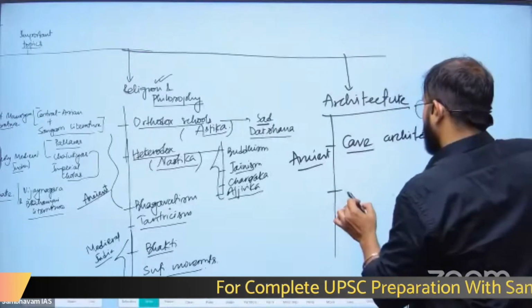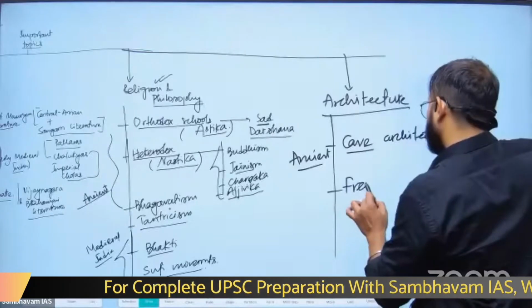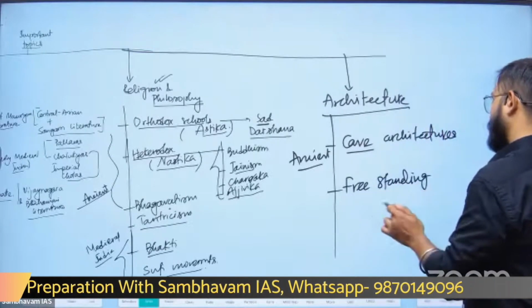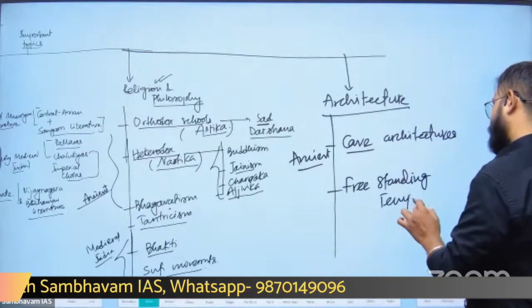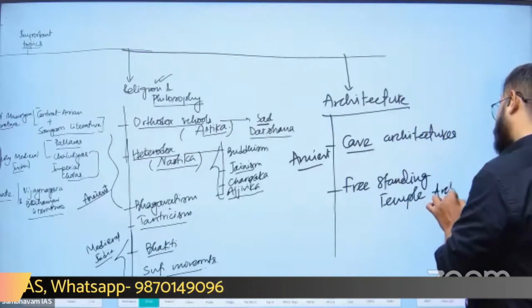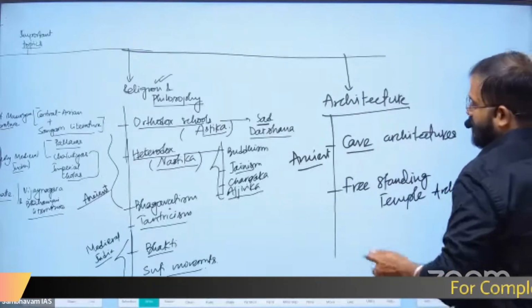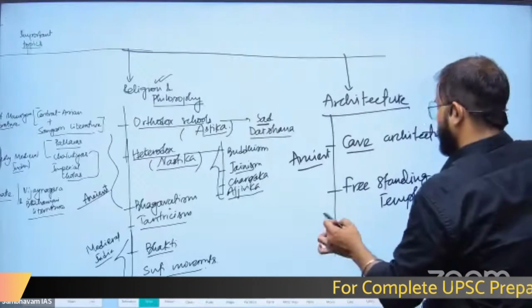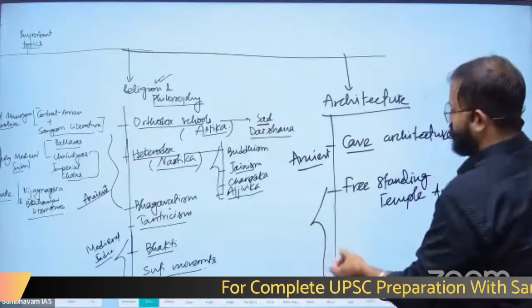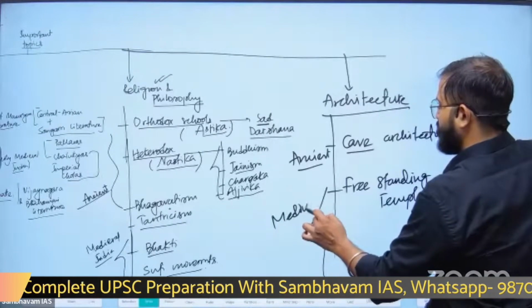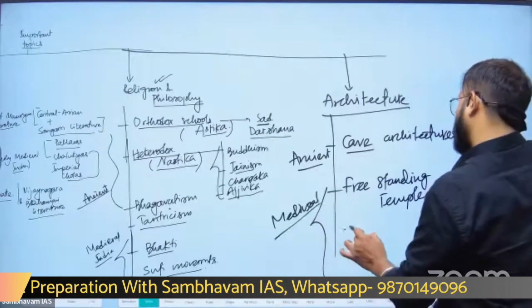Then we have freestanding temple architecture. Then we have, by and large, a merging ground. We cannot clearly classify them. There is, of course, the medieval. We have Islamic architecture.